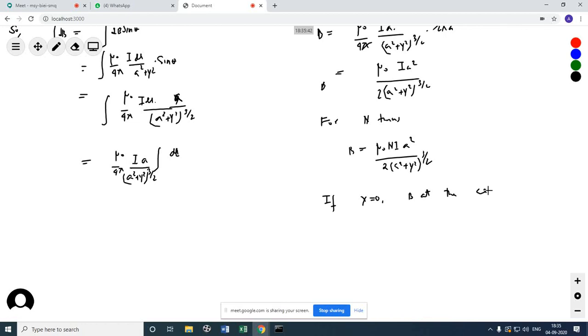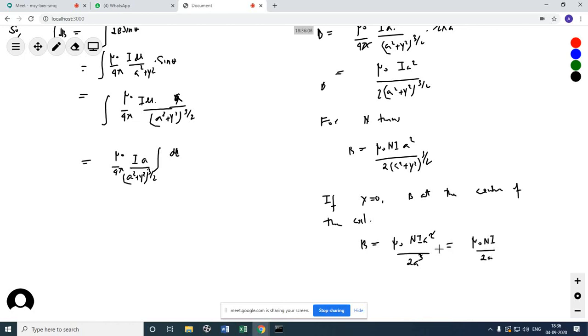So I get this as mu naught by 4 pi I a dl, and take this also out. A square plus y square to the power 3 by 2. If I integrate this, I am going to get 2 pi a.